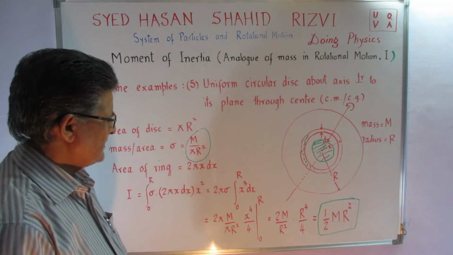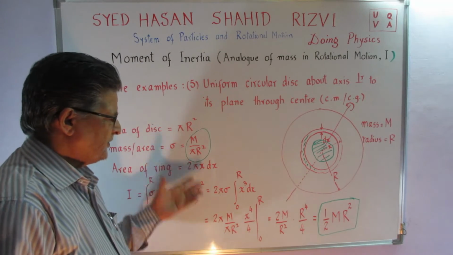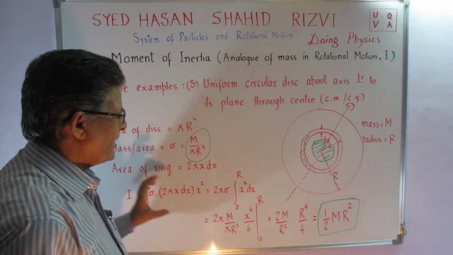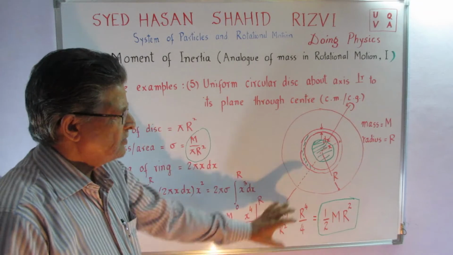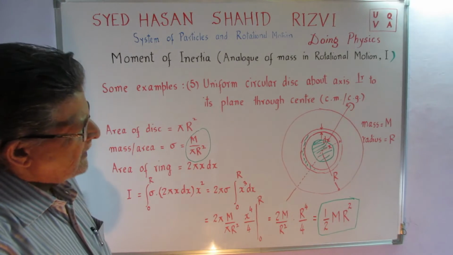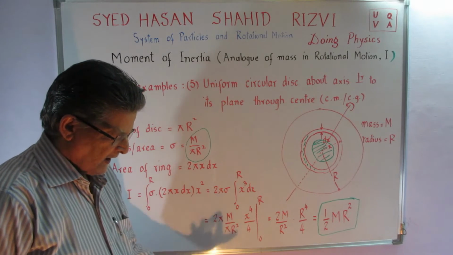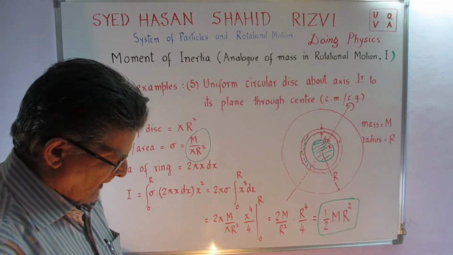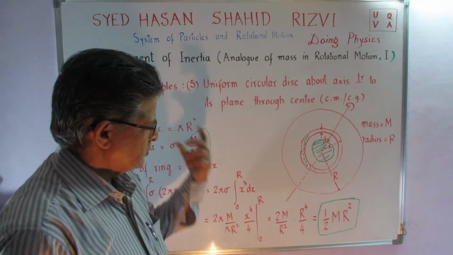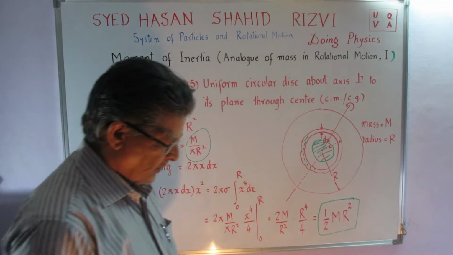So it's nothing very tricky about it. Simple kind of mathematics you have to follow, and you can obtain the results of different geometrical shapes. You can take, for example, I'm not going to do it for all cases.